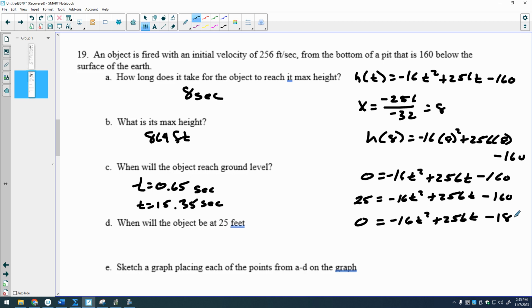I get negative 185. All that stays the same because I'm just subtracting from the constant. I put that into quadratic formula. There's my A, my B, my C, and I get t equals 0.76, and t equals 15.24.